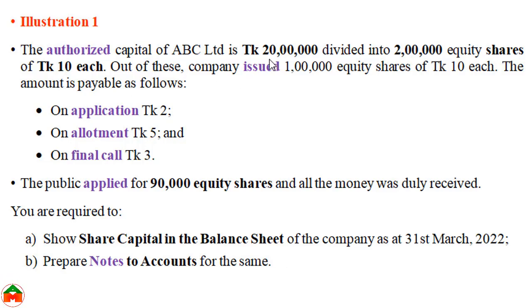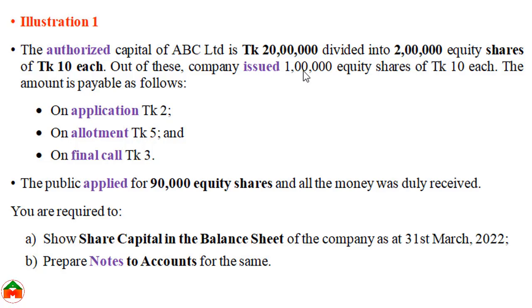That means total capital is 20 lakh, divided into 2 lakh equity shares, and the value of each unit is 10. Suppose out of these 2 lakh equity shares, the company is going to issue 1 lakh equity shares of taka 10 each. Out of this 10, on application you are going to receive 2, on allotment taka 5, and on the final call you intend to receive taka 3.